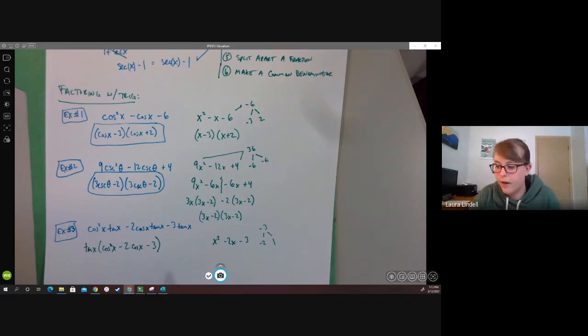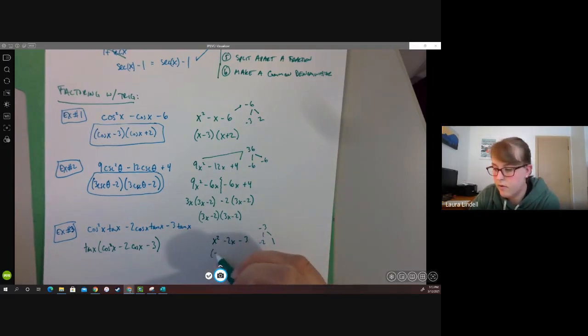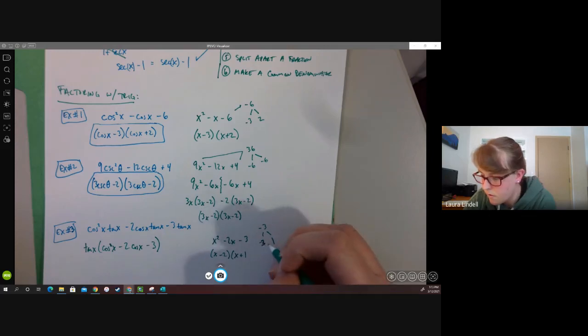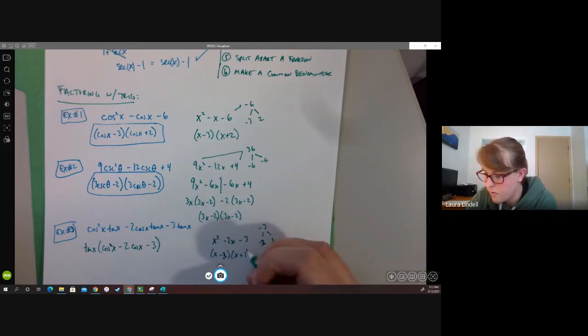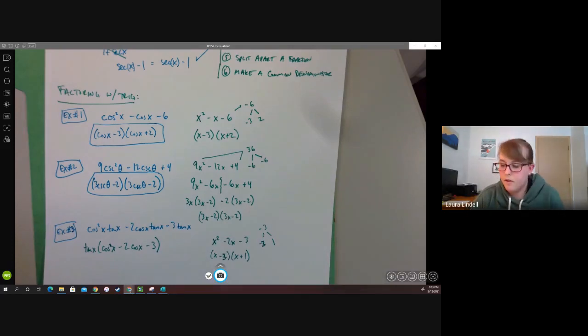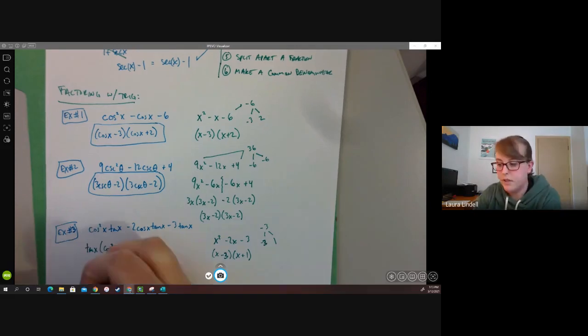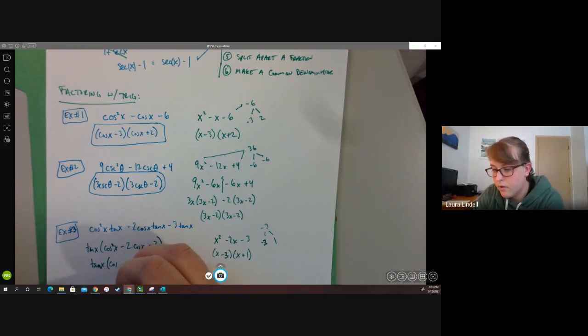If you started off by going x squared minus 2x minus 3 and factoring that, that might be a good choice. Because then we just end up with tangent of x times cosine of x minus 3 times cosine x plus 1.